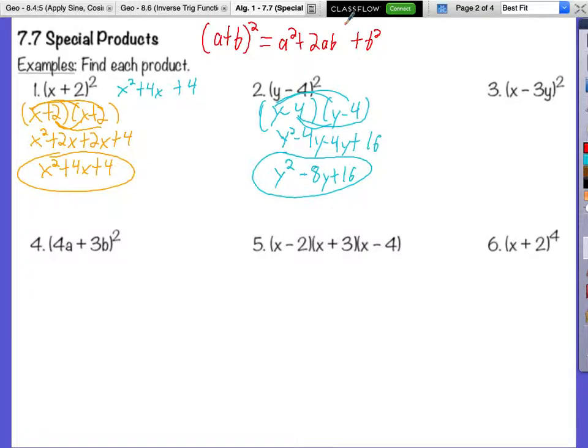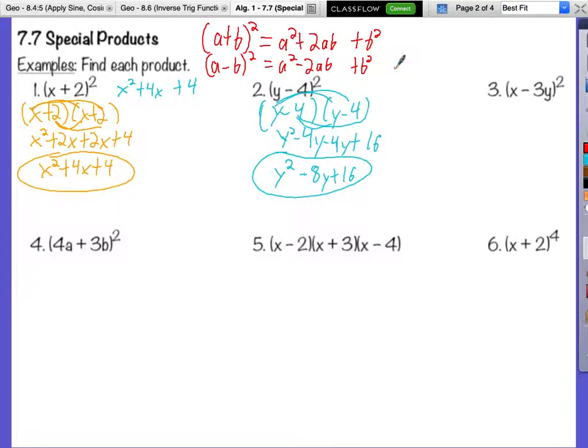And the same thing happens for the subtraction, except the only difference is you have a squared, you have your b squared, those are still pluses. You have minus your double AB. So you take whatever this is, square it, take whatever this is, square it, and then you multiply these together and double it for your middle.